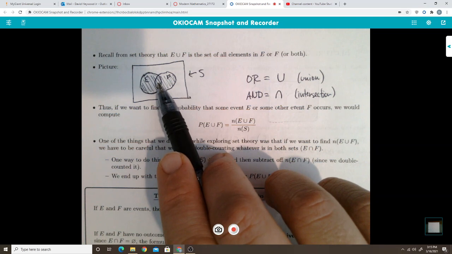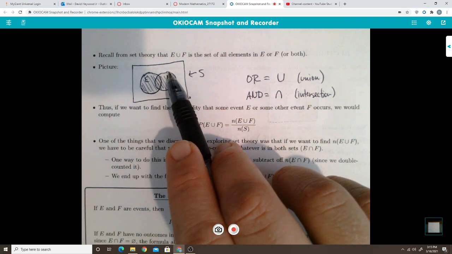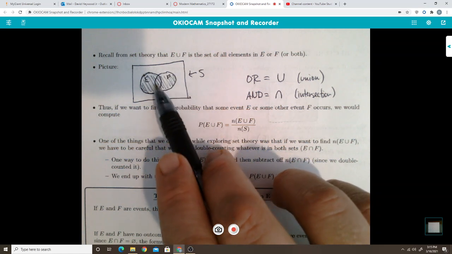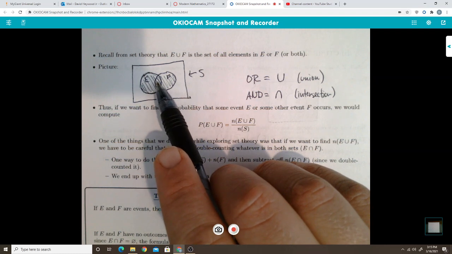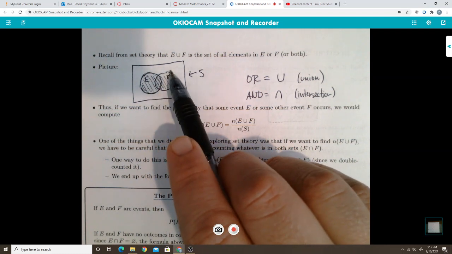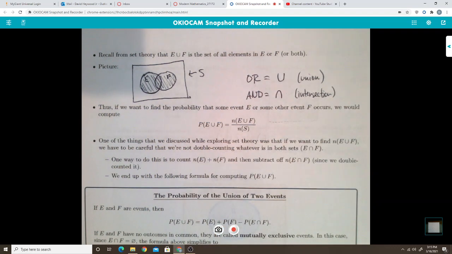You counted the 5 when you counted the 10 things that were in E, and then you counted them again when you counted the 15 things in F. So in order to undo the double counting, you need to subtract off this middle part. So you would say it's 10 plus 15 minus 5, so that you're not double counting what's there in the middle.